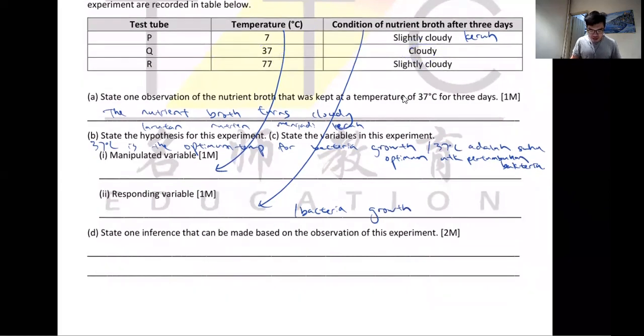So you explain why is it so? Okay, so why is it cloudy? Because bacteria grow well in optimum temperature.